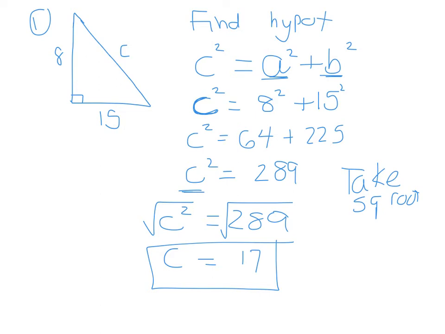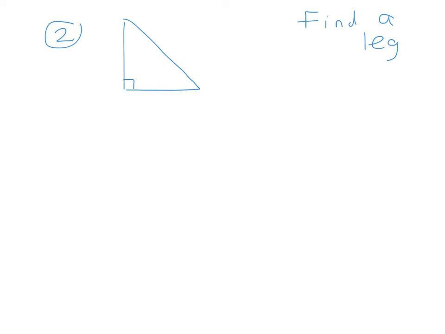In the next example, number 2, this time we're going to find a leg, or find a side, and not the hypotenuse. We're going to be given the hypotenuse. So I don't know this side. This one's 10, and the hypotenuse is 25.